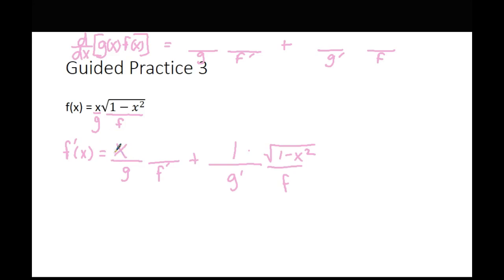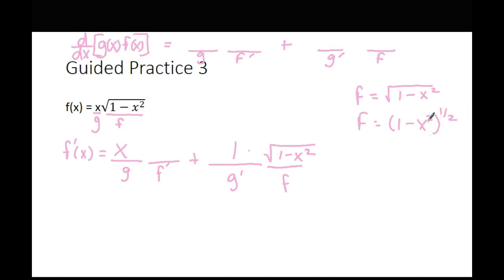So I'm going to show my work off to the side here. If I'm calling this particular function f, and I need to find its derivative, this is actually going to be a chain rule. First of all, I'm going to rewrite it as a half power, and then I'm going to apply the chain rule. The outside function is the half power, the inside function is the 1 minus x squared.